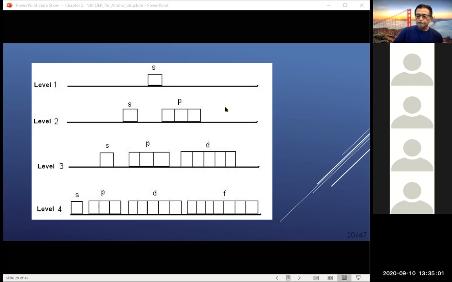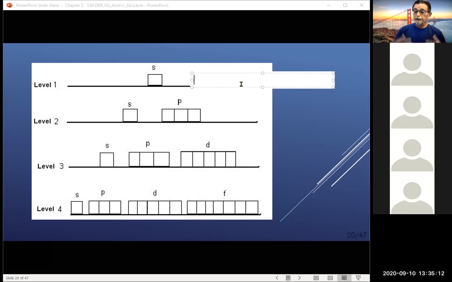Hydrogen has 1 electron, so its designation, what we call the electron configuration, would be in the 1st energy level, the very first orbit, which is S, and then superscript 1. That is the method to write the electron configuration of hydrogen.